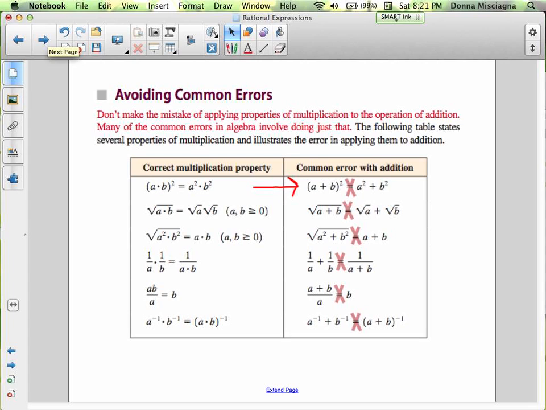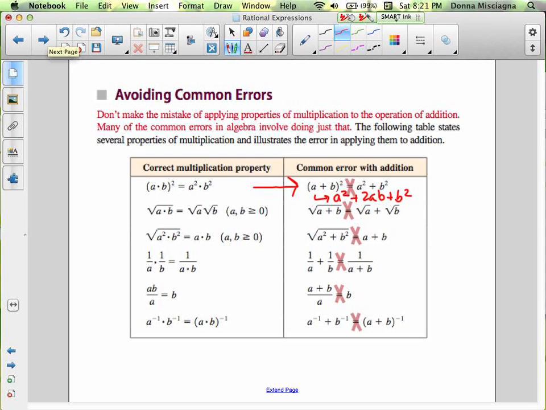If you have a sum squared, it is not the sum of the individual terms squared. What it is, is a squared plus 2ab plus b squared. So in your notes, underneath it, write that in so you don't forget that that's what it really is, not a squared plus b squared.